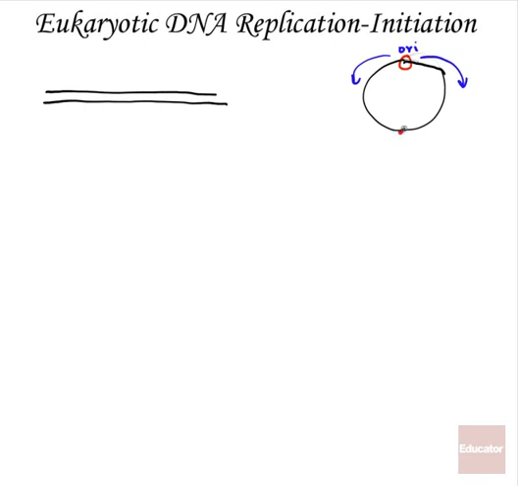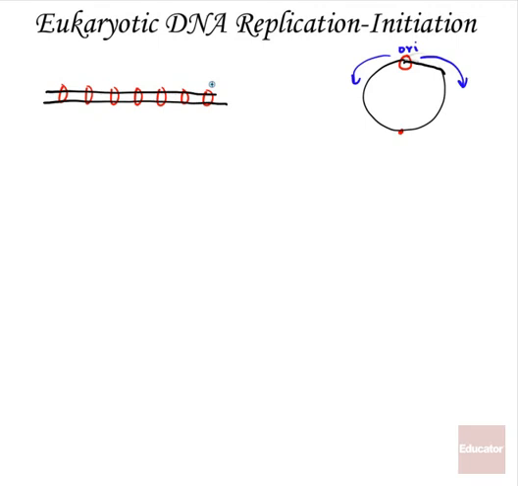Well, our eukaryotic organisms are going to have many different sites, many different origins of replication throughout the chromosome. Okay? And so you could have anywhere between a separation of maybe 30 kilobases in between these origins of replication.